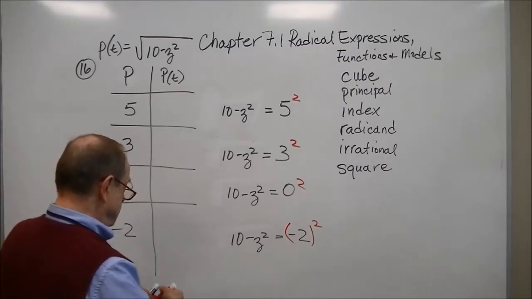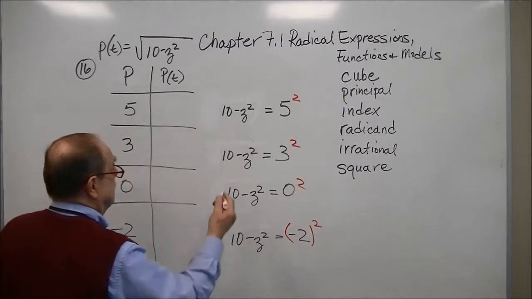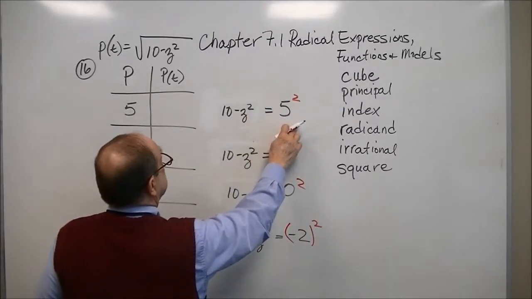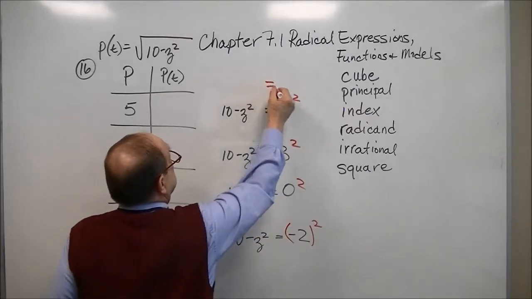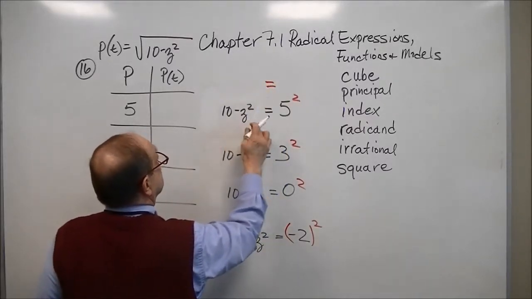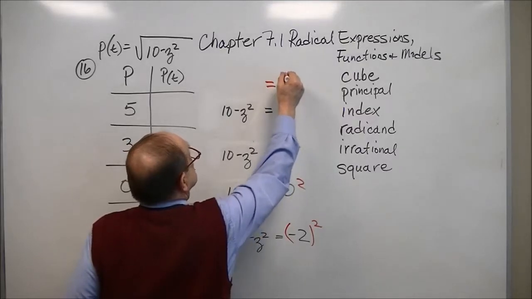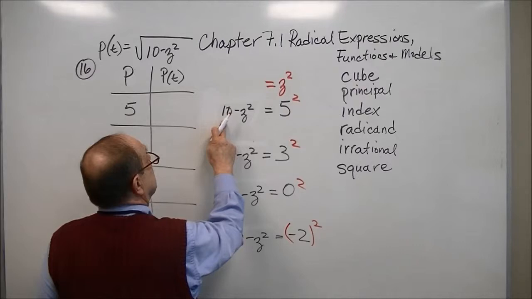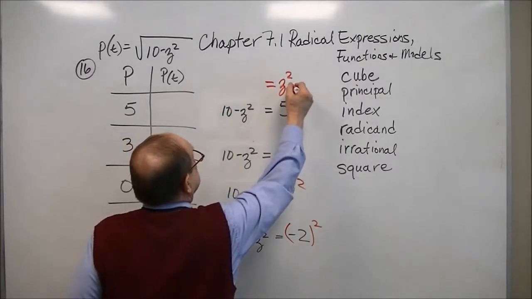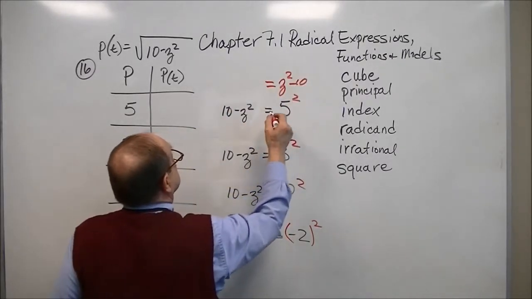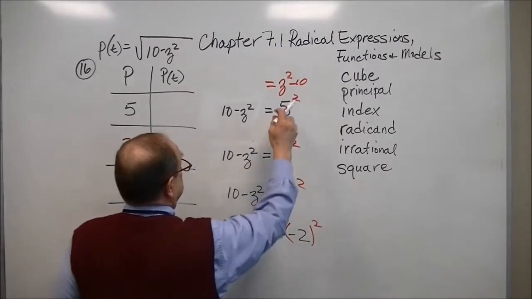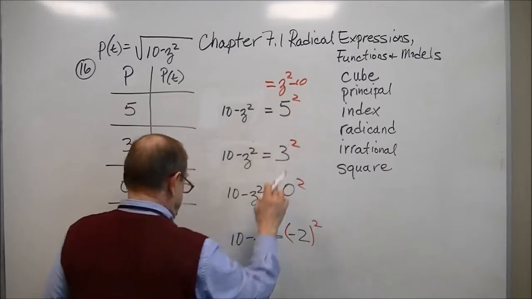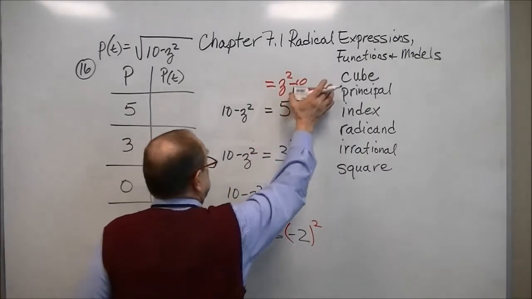Now, when you bring the z squared over to the other side, because we want to put that in standard form because it's a quadratic, this becomes z squared. This becomes on this side a -10. And this becomes a 25. So that becomes 15.